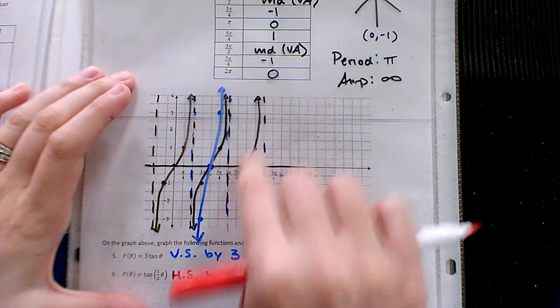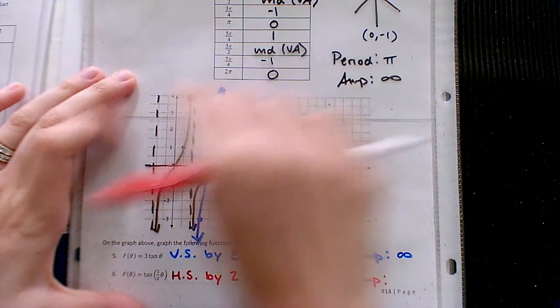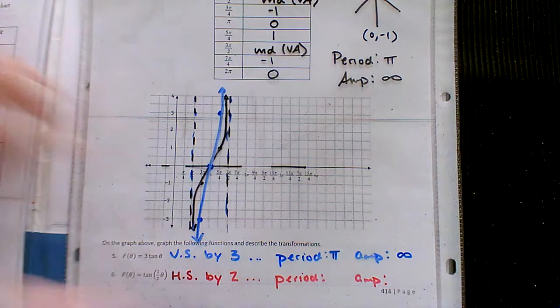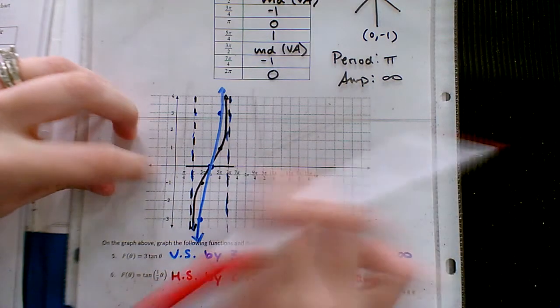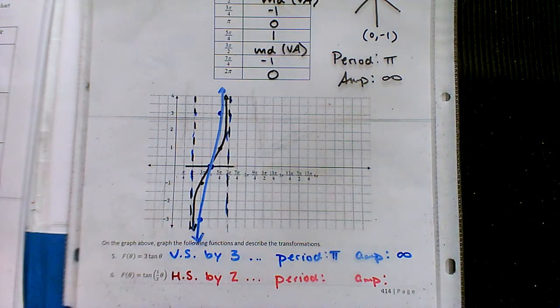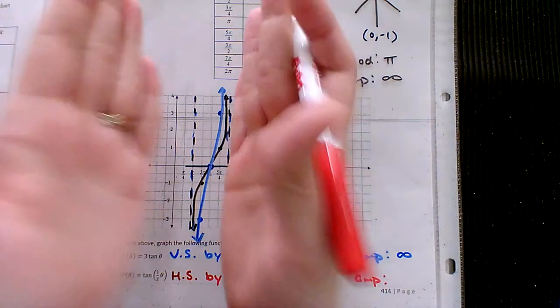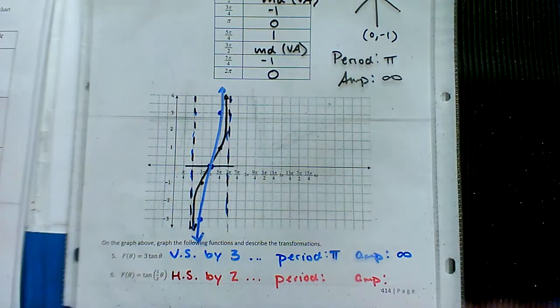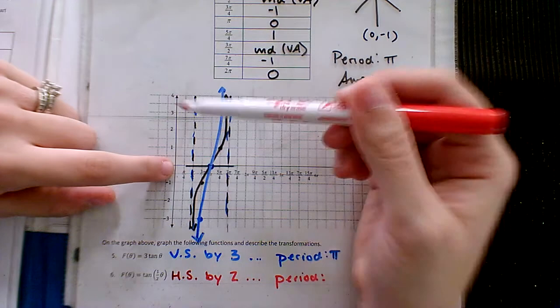Maybe if you want to, just so we're less cluttered, we'll erase the other ones on the end. Okay, we'll just deal with one section of tangent. What we're going to do is take this section and multiply it horizontally by 2.